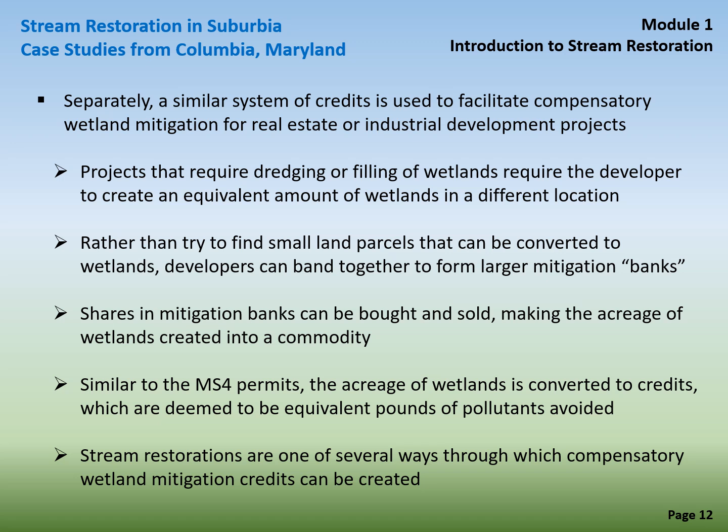There's an enormous incentive to develop and approve these projects, and it's just a financial incentive. Similar to the MS4 permits, the acreage of wetlands is converted to credits, which are then bought and sold. And stream restorations are one of several ways through which these mitigation credits can be created.